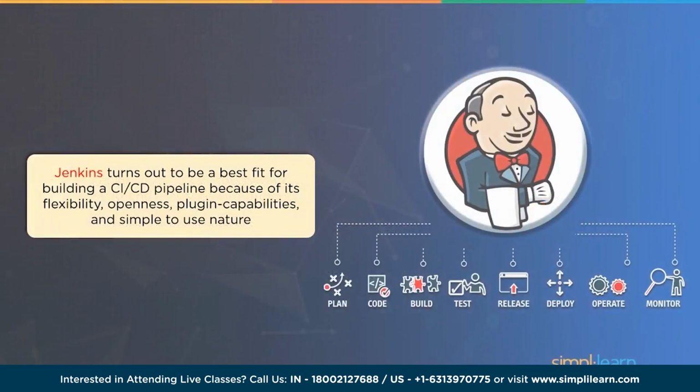So Jenkins is one of the best fits for building a CI/CD pipeline, because of its flexibility, open source nature, plugin support, and it's quite easy to use, with a very simple, straightforward GUI.